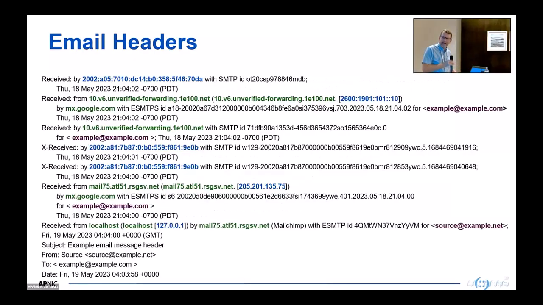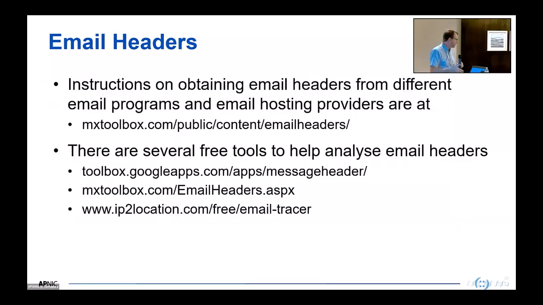So instead of looking at complicated garbage like this, it makes it a lot easier to look at. Additionally, if you don't know how to access your mail headers, go to this website, and for every single email client and website on the face of the planet that they've ever documented, it will tell you how to go in and view it.